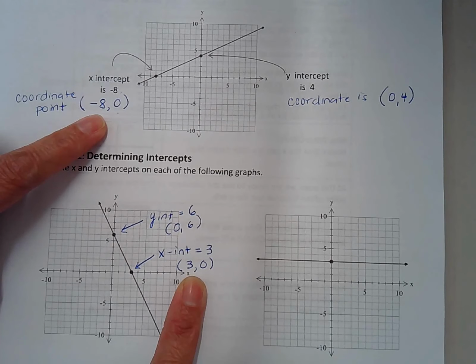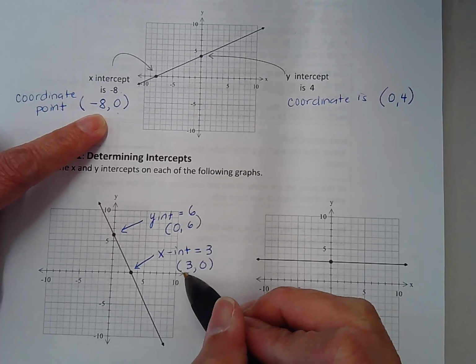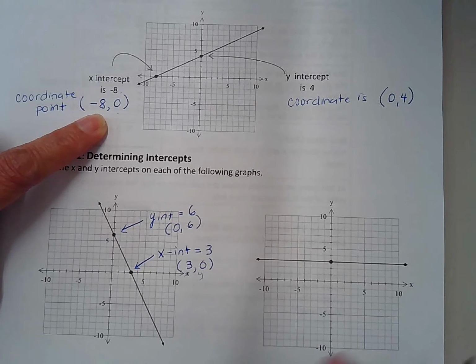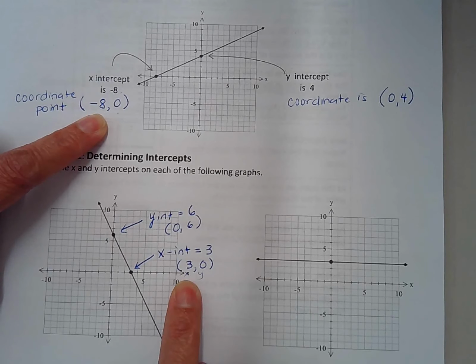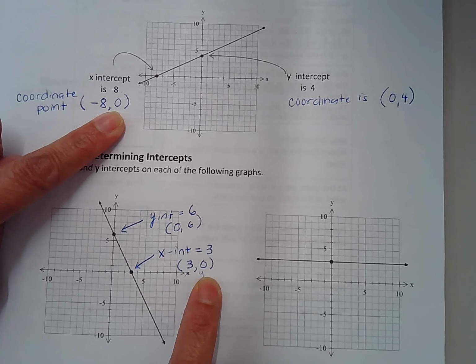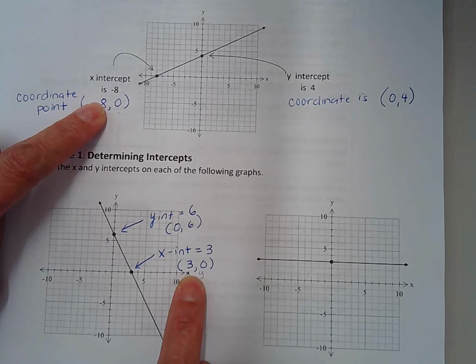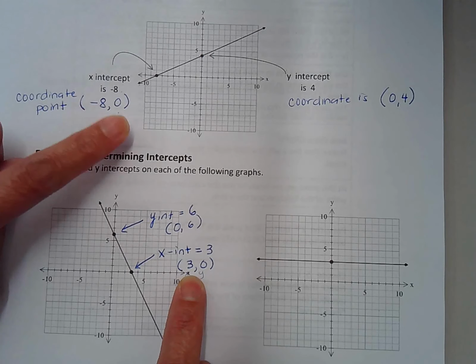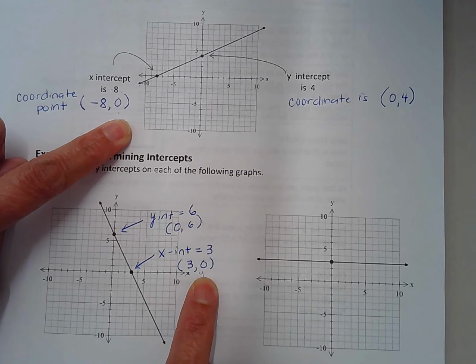Is the x 0? No. So remember, this is an x, y coordinate. The y is 0. So for the x-intercept, the y coordinate is 0.